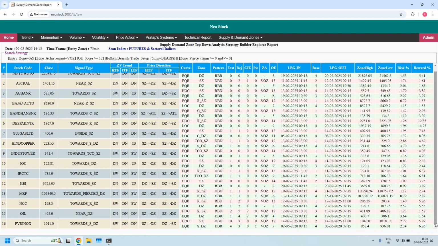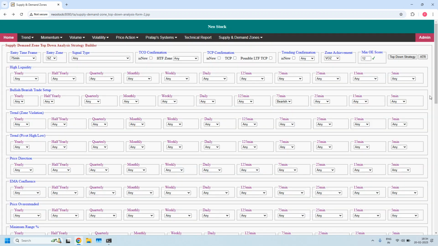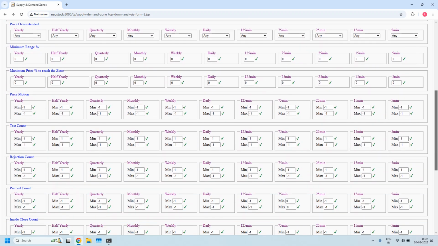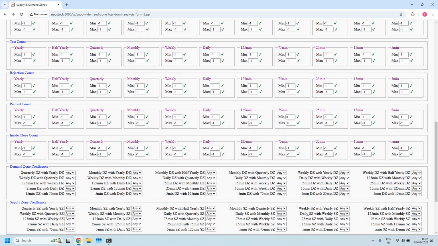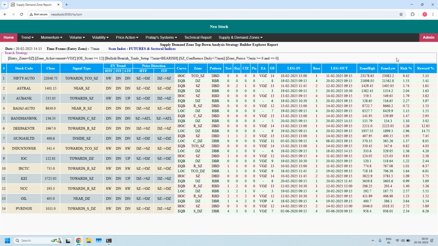That means 75-minute supply zone should overlap with daily supply zone. So let's set that filter. So in the supply zone confluence, I'm enabling the filter that 75-minute supply zone having daily supply zone confluence or not. So with this filter, out of 16 stocks, we got 14 stocks filtered.